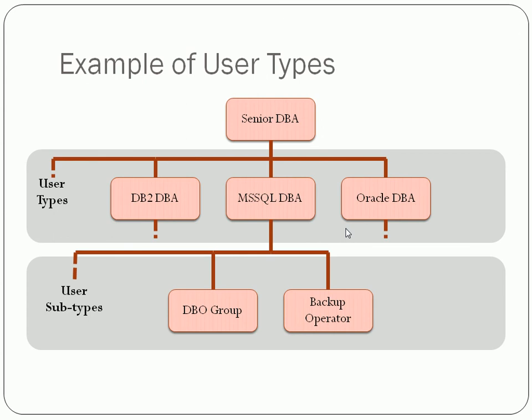So it helps to think about users by breaking them into these types and subtypes, and you can go a couple levels deep if you wanted to. If you think about the major types of users on the network and then the subtypes and so forth and so on, this inheritance will help simplify how you define that access control as you develop these user access policies.